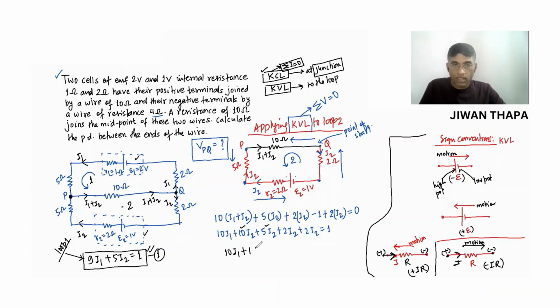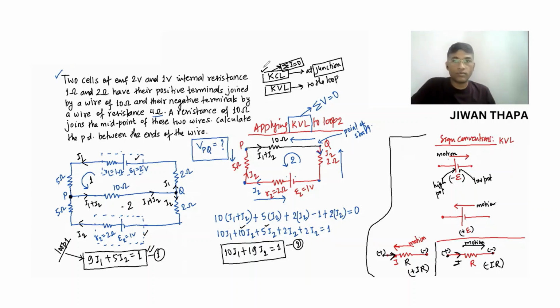So we have 10 I1 plus 19 I2 equals 1. Let's call it equation 2. We get this equation on applying Kirchhoff's voltage law to loop 2. Now we are going to solve equations 1 and 2 and first find the values of currents I1 and I2. Then we find the potential difference V, P, Q.